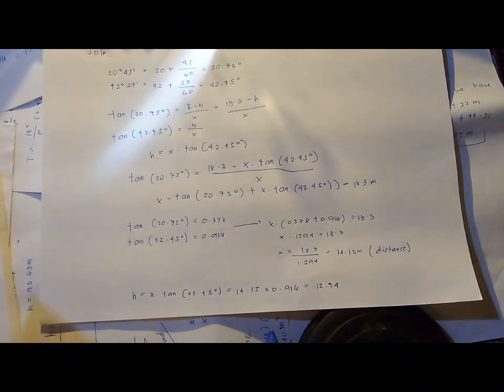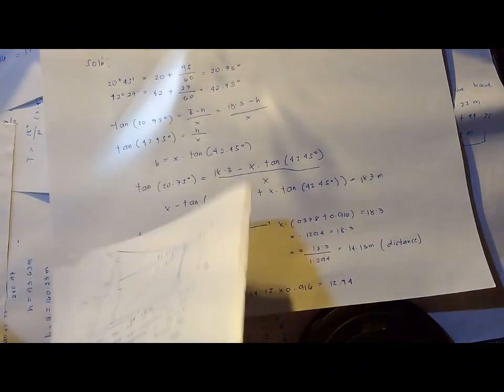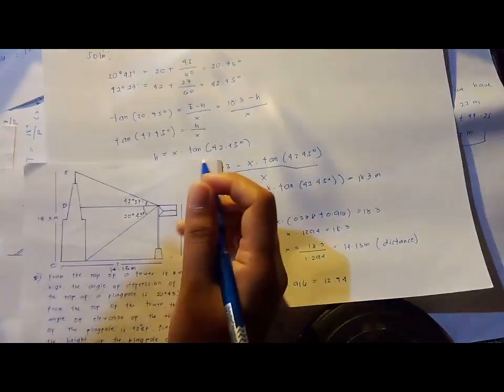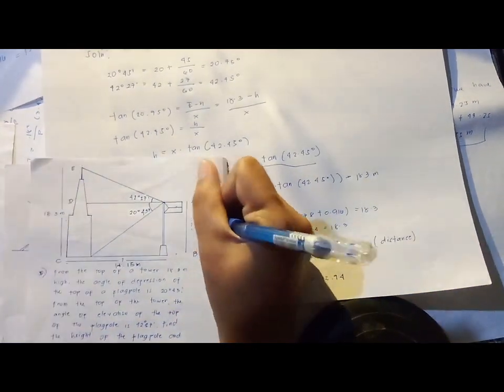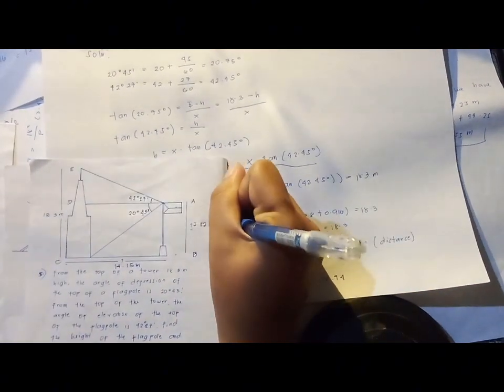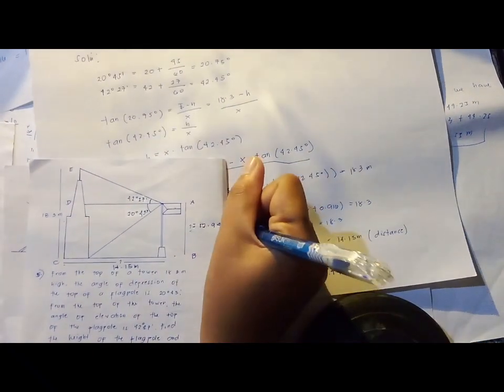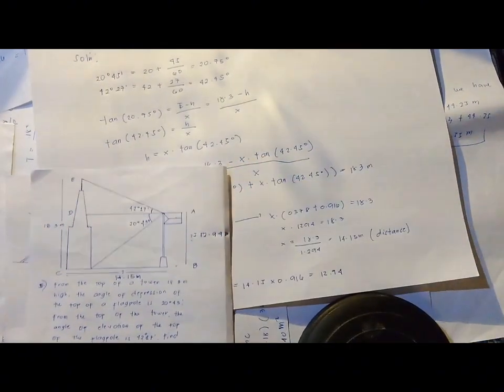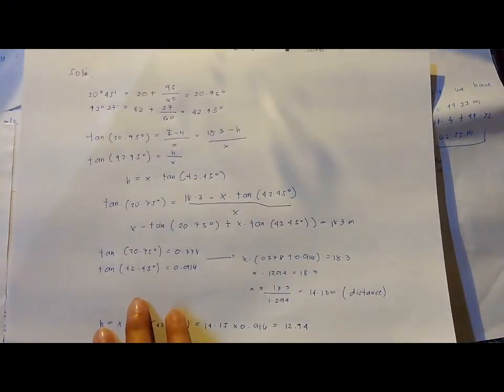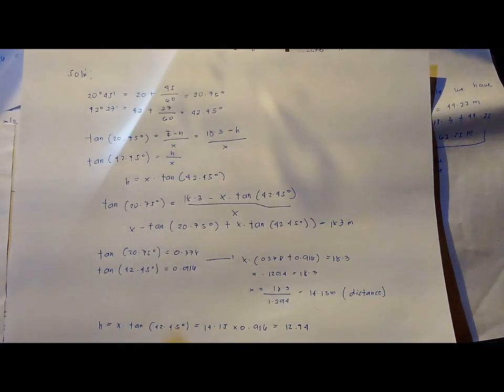So our final answer is 14.15 meters and 12.94. The height of the flagpole is 12.94 meters high. So this is our final answer, 14.15 meters and 12.94.